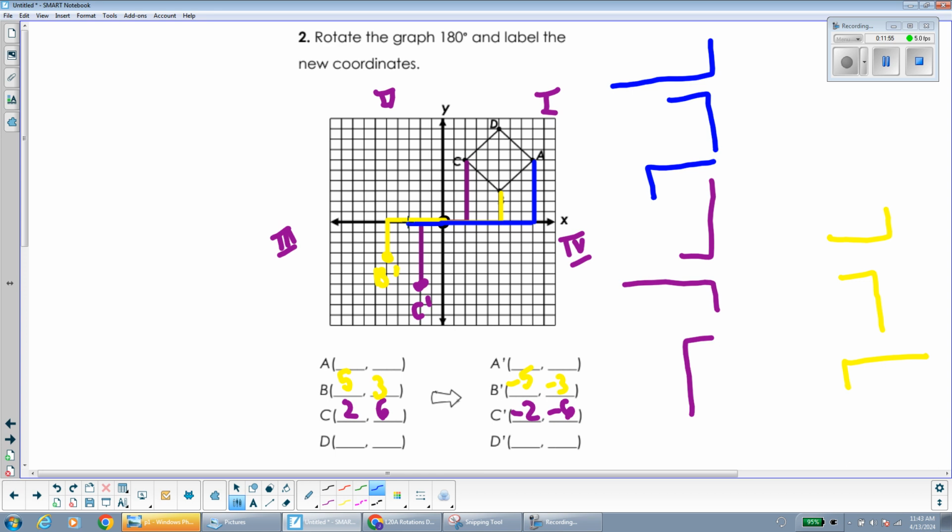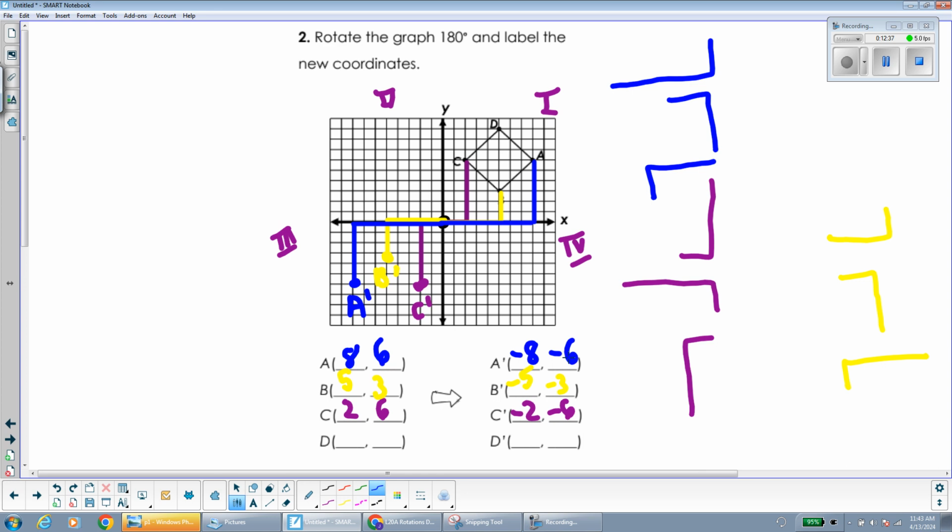And that was 1, 2, 3, 4, 5, 6. And that is our rotated point, A prime. So the original point was 8, 6. Now our rotated point is -8, -6.